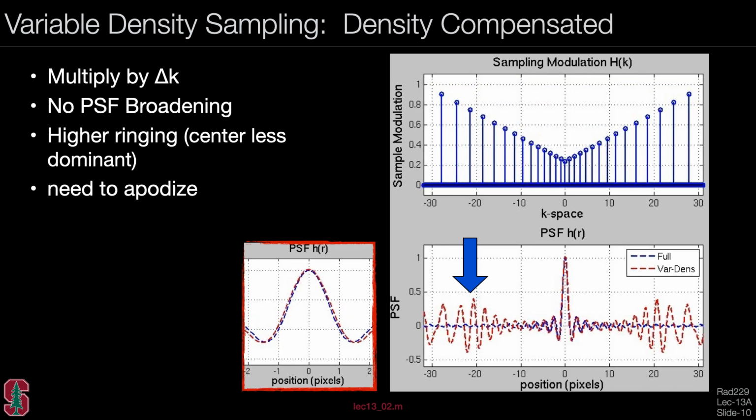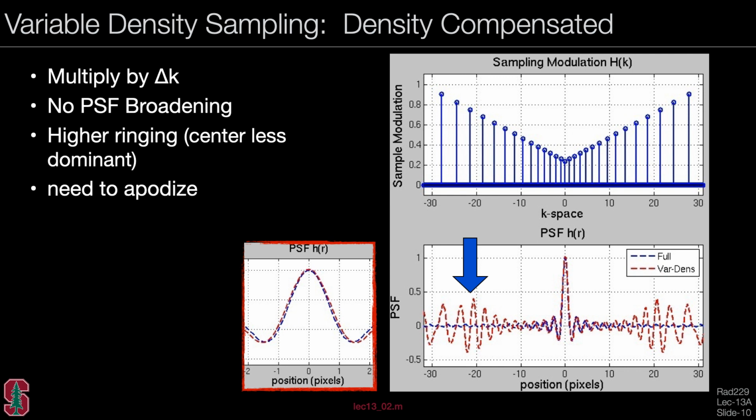Interestingly, if we apply density compensation, here we would multiply by delta K, so that we weight the outer K-space samples more heavily to compensate for the lower density. In this case, we have no broadening of the point spread function. However, we have higher ringing because we've amplified these outer K-space point signals, and this is where we might have some aliasing.